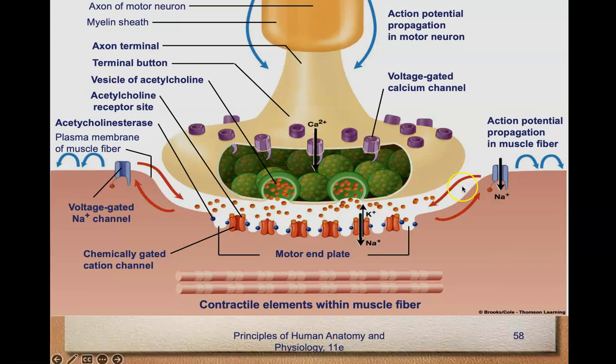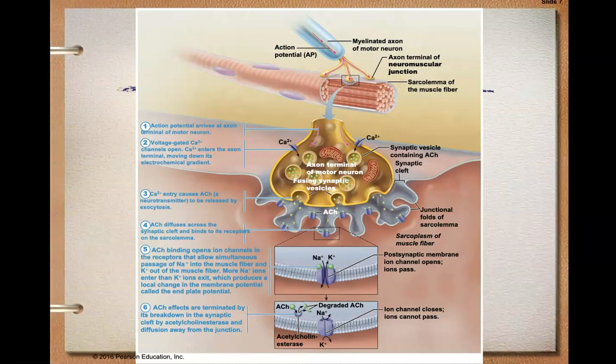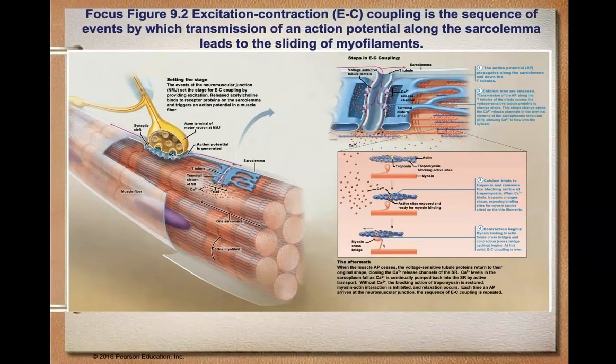But basically what you have to know here is that this is going to trigger the action potential to be propagated across the whole entire muscle fiber, okay? So as this is propagated across the whole muscle fiber, I'm going to go to this image because it's a little bit of an easier image to show this.